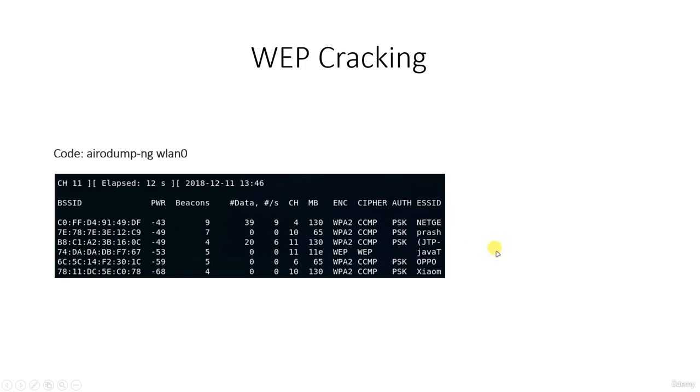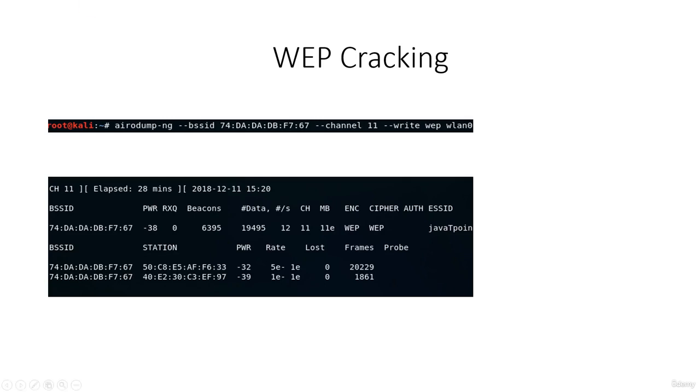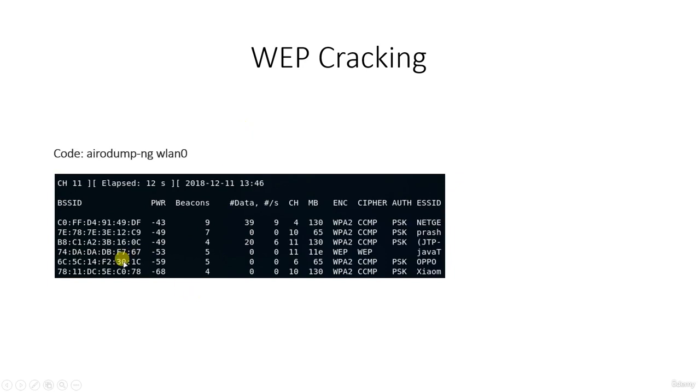On this network we are going to perform our attack, and we are going to run airodump-ng against the Javatpoint network using a command like this. Here we run airodump-ng against the Javatpoint network with its BSSID, which is this one, as you can see.